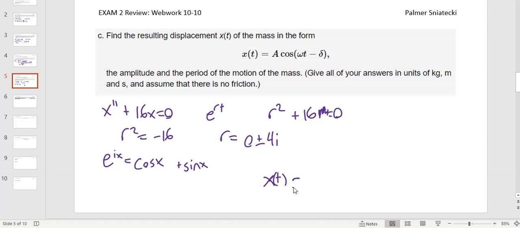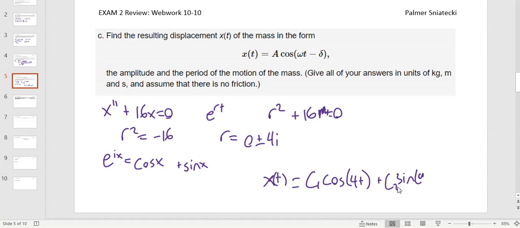Our normal form is going to be e raised to 0 times x, which is just going to be 1, times cosine 4t plus sine 4t.